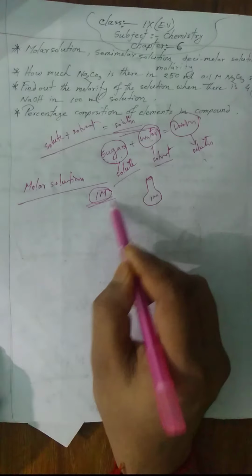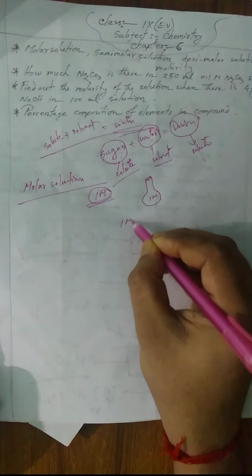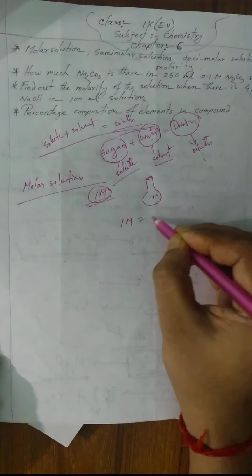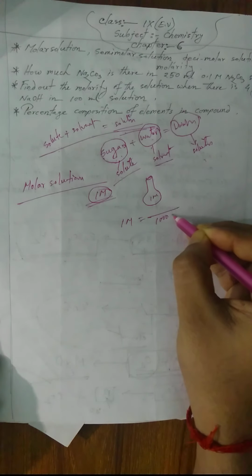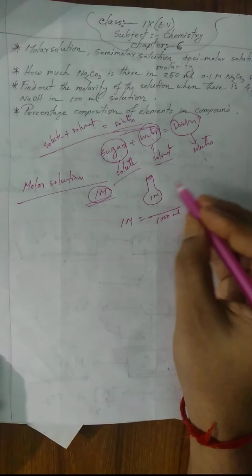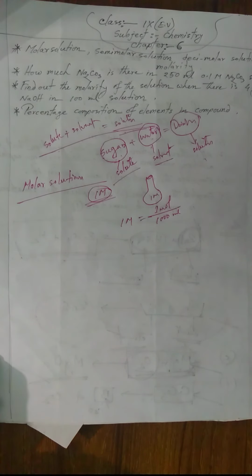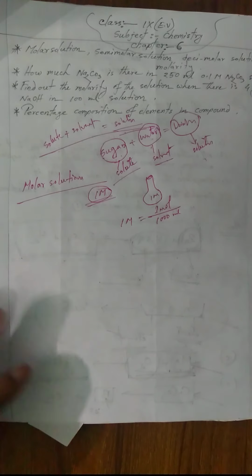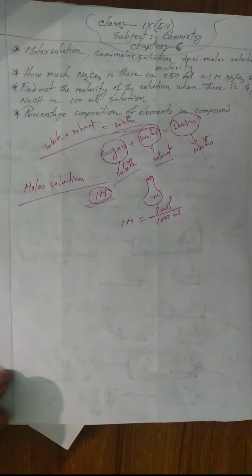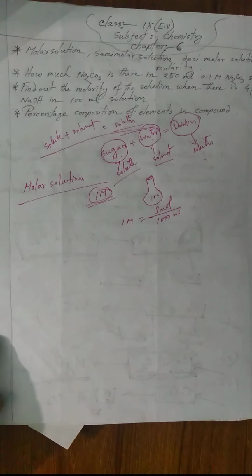So 1M means molar solution, and per 1000 ml solution, the total amount of solute is 1 mole. So this is molar solution. From this molar solution we can prepare any type of solution of concentration.